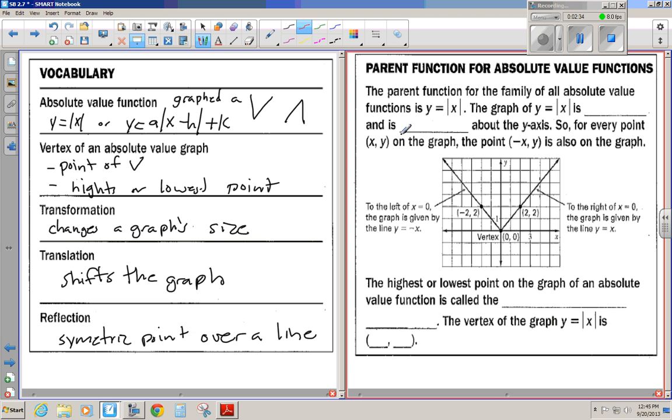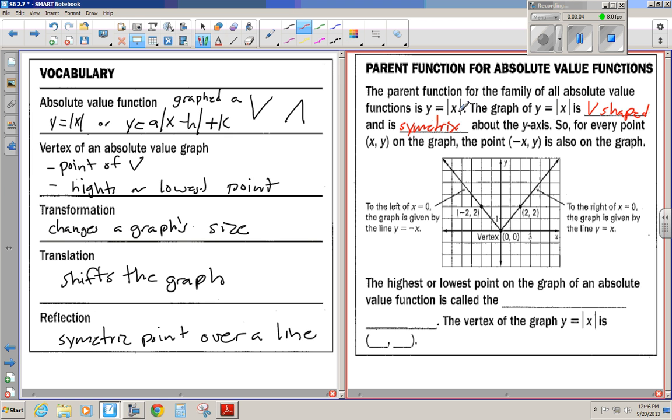All right, so the parent function for the family of all absolute value functions is this: y equals the absolute value of x. The graph of y equals the absolute value of x is V-shaped and is symmetric about the y-axis.